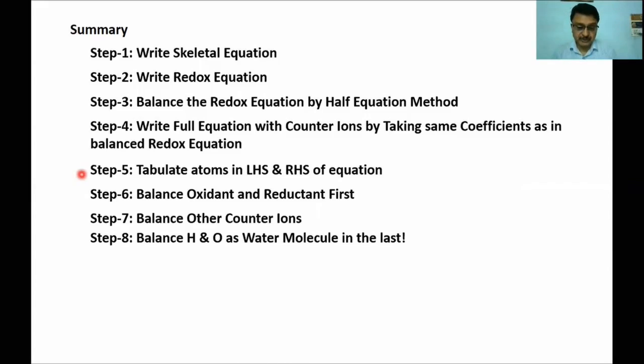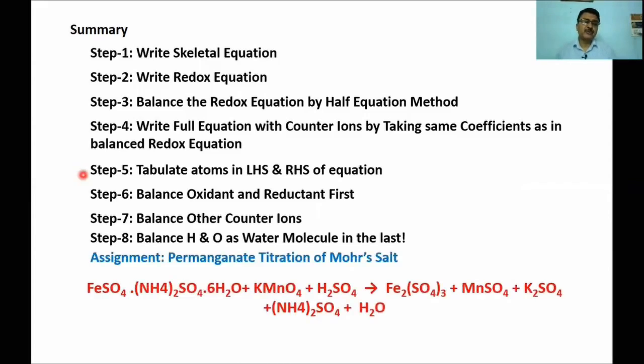This is also important. Now I am going to give you an assignment. This is another example of permanganate titration of Mohr salt. Mohr salt is nothing but a double salt. It's ferrous ammonium sulfate, and it's a common laboratory experiment in class 11th standard.